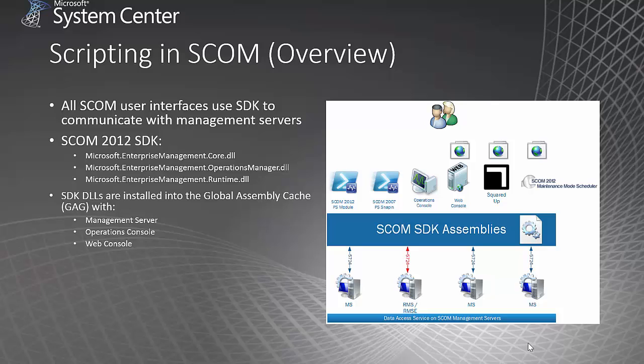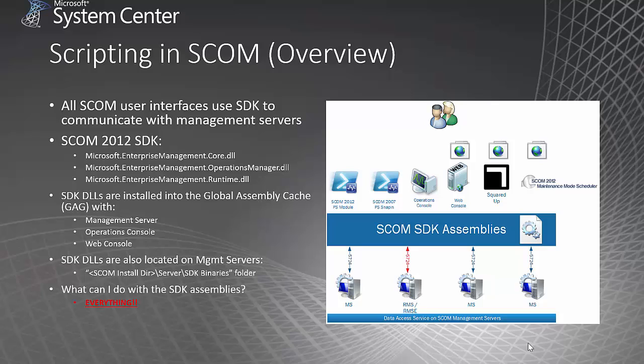So if you install any of these three components, these DLLs get installed in your global assembly cache. You can also find the DLLs on your management server under the install folder, Server SDK Binaries folder.